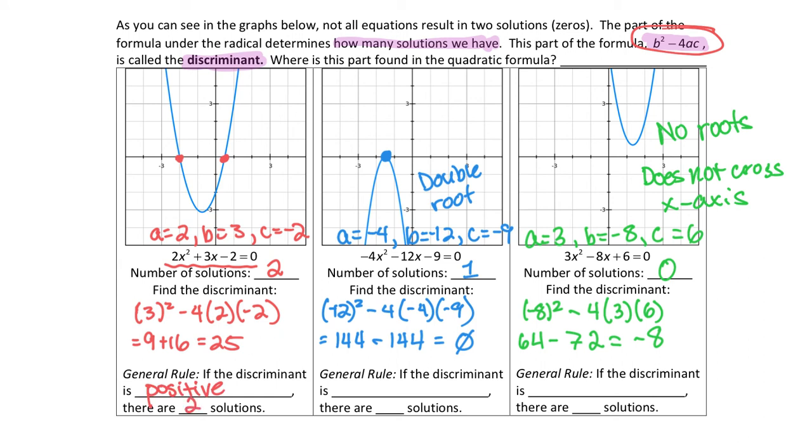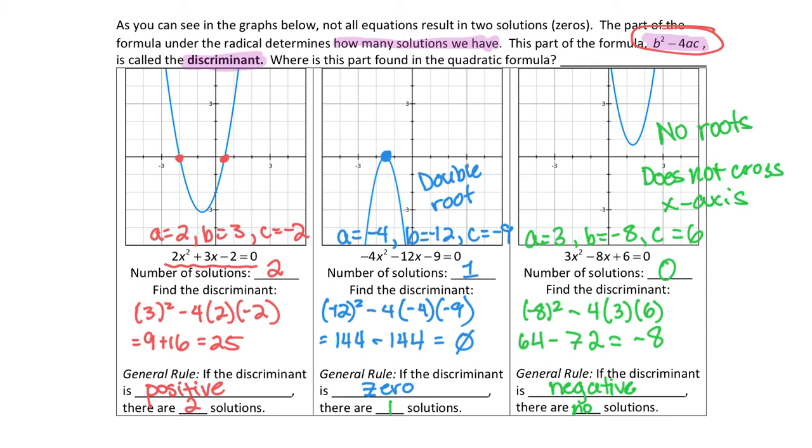If the discriminant is equal to 0, we are going to have one solution. I think I need to fix my grammar there. And finally, if the discriminant is negative, there are no solutions, or 0 solutions.